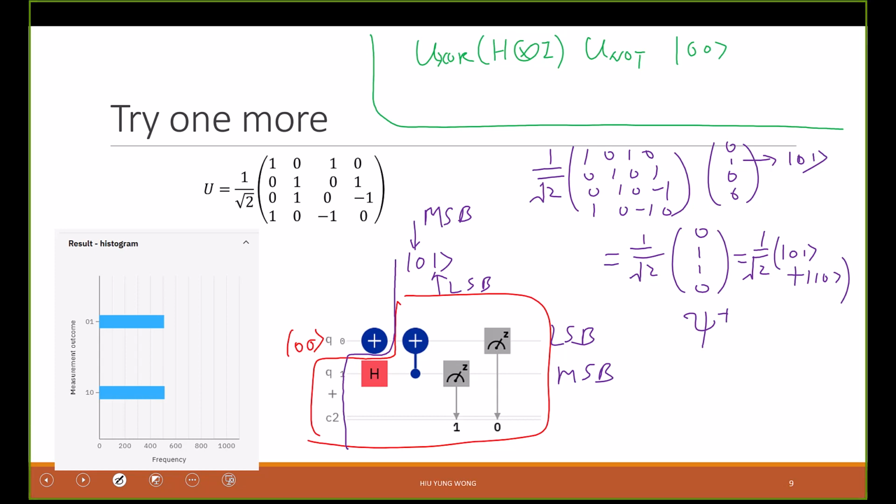What do you need to do? But U0 is applied to which qubit? LSB. So you should put it on the left or right?